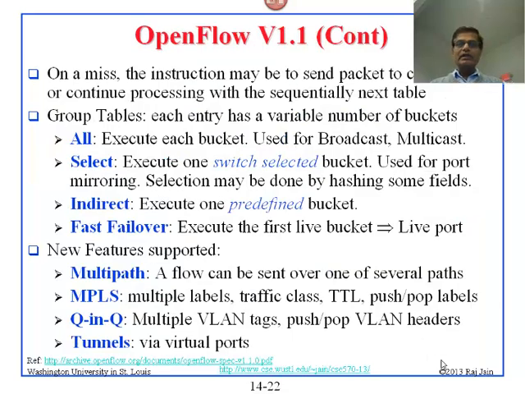The group table has a variable number of buckets, and the instructions will tell you which of these things to do: either you execute all the buckets, or execute one of the buckets, or execute the ith bucket, things like that. So that is the group table. You understand? The group table is the last table. You don't come back from the group table.